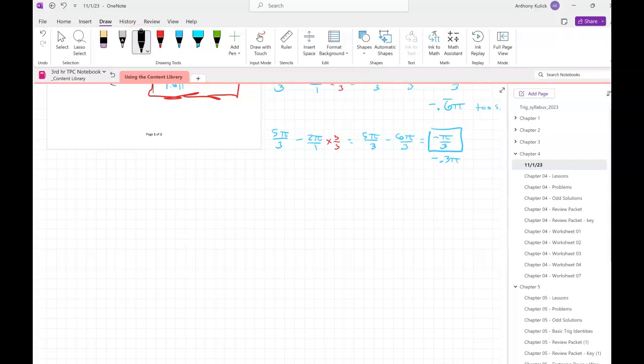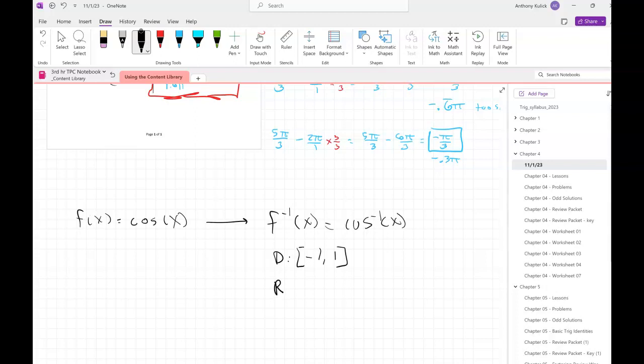So if we have cosine, the inverse function for cosine, the domain here is going to be, again, -1 to 1, but the range is going to be from 0 to pi.